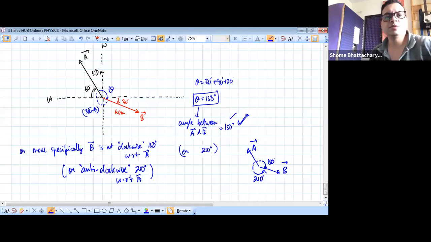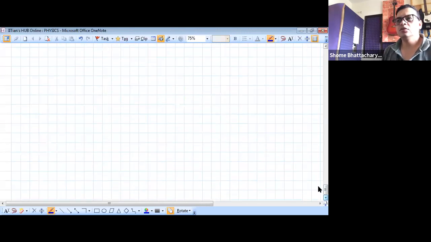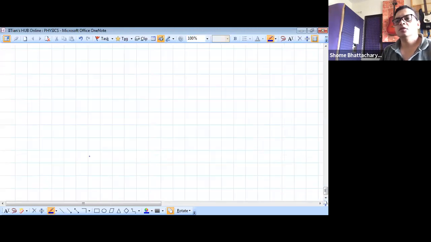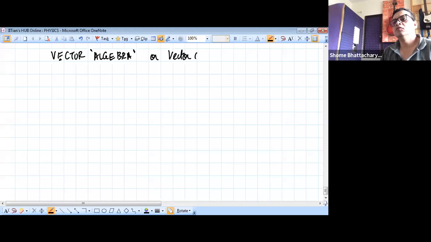Okay, is this clear, people? Very good. So once this is clear, now we come to our first vector operation. So now we are coming to the algebra of vectors, or vector operations.